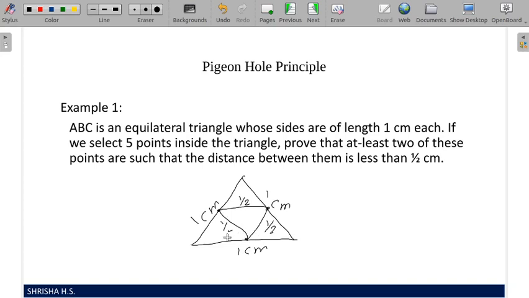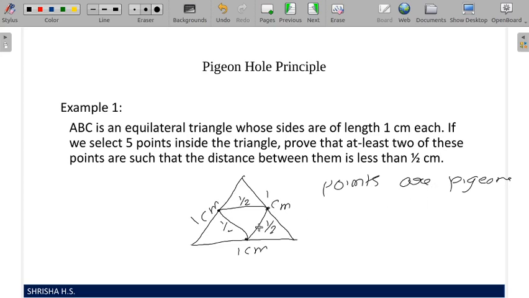Now, how many points are there? The points are the pigeons, and the triangles we have formed are the pigeon nests. The segregation inside the triangle that we have got gives the pigeon nests.